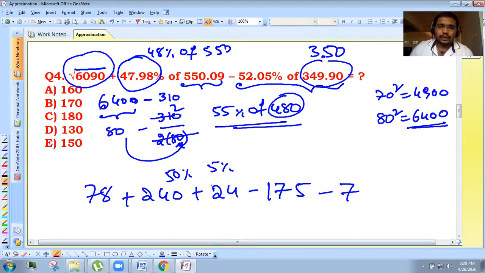Now we'll go for simplification. Observe this one. This is 78, this is 175. This is 175.